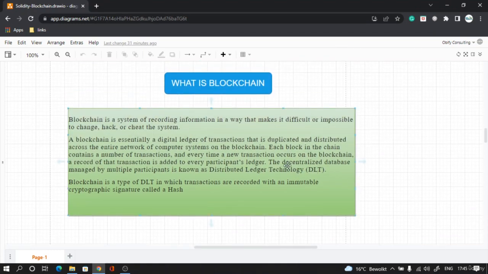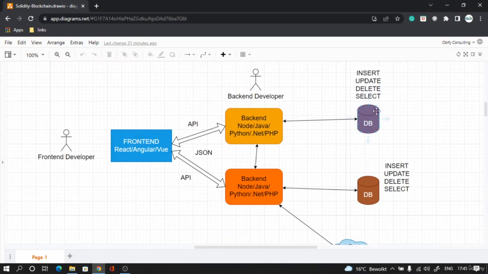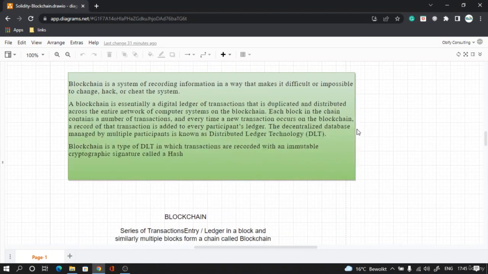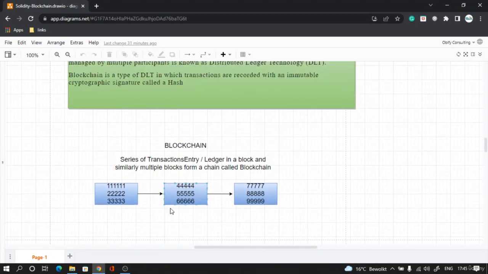The 10 diaries act as a decentralized database, which is different from the centralized database where it was easy to update the data. But now in the decentralized database, it's not at all easy to update the data.